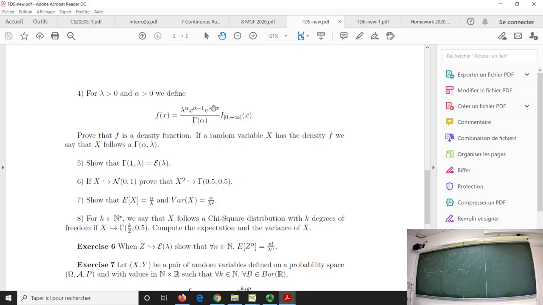What can I simplify? By the x. And the integral I am interested in is just lambda^alpha x^alpha exponential minus lambda x over gamma of alpha dx. I have this to compute.